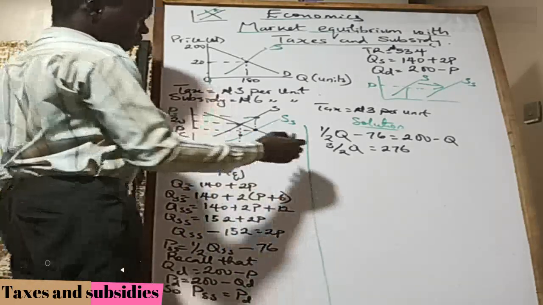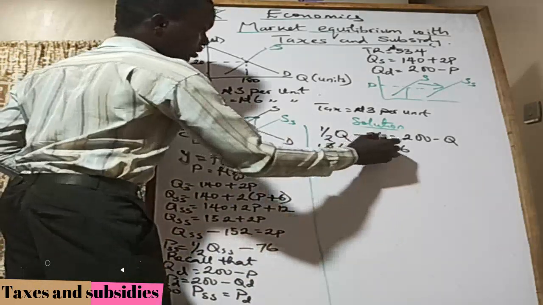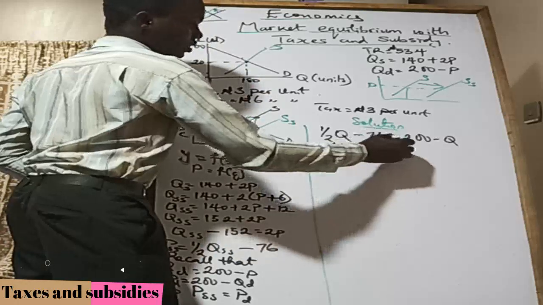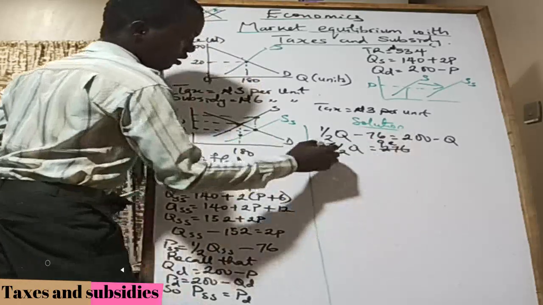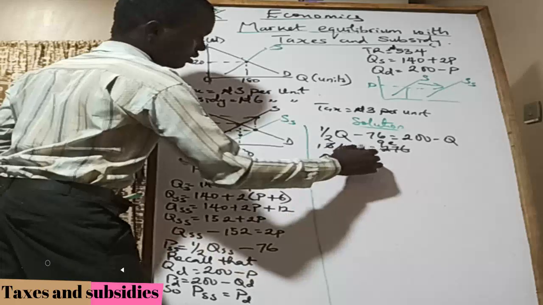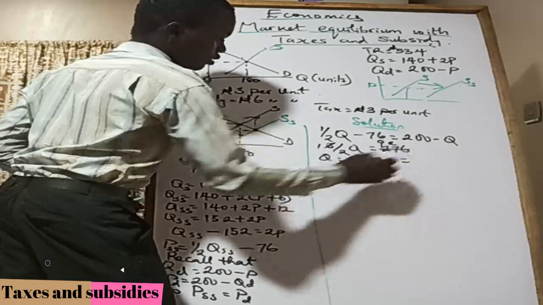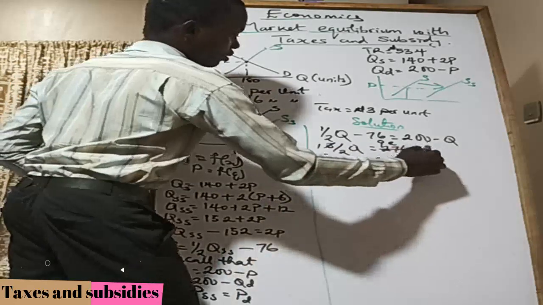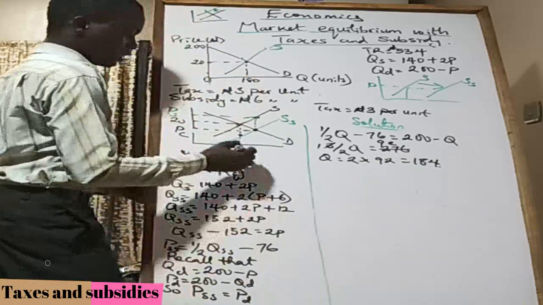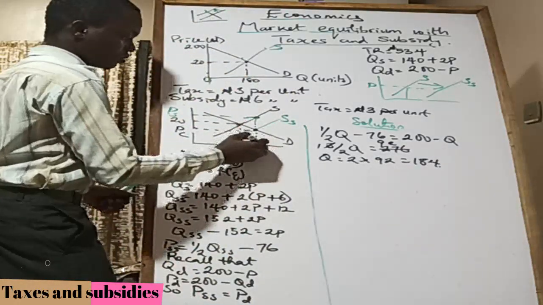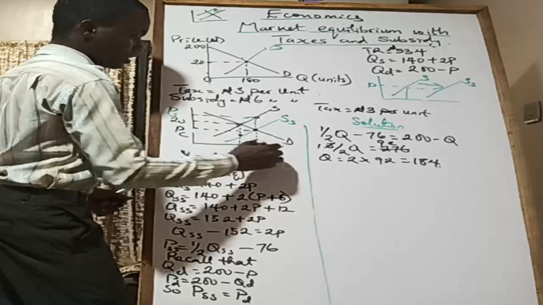Okay, then 3 in 27, 9. 3 in 6, 2. So Q equals 2 times 92, and this is going to give us 184. Okay, so instead of 180, the equilibrium quantity now is 184.